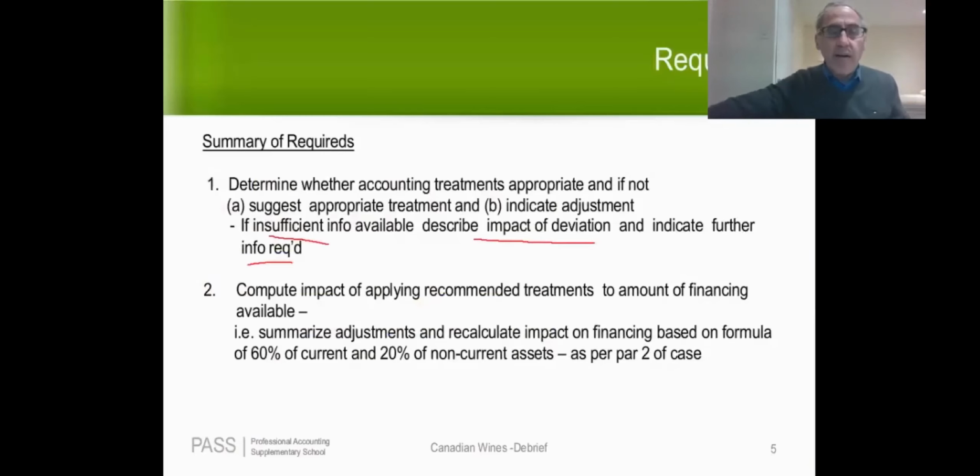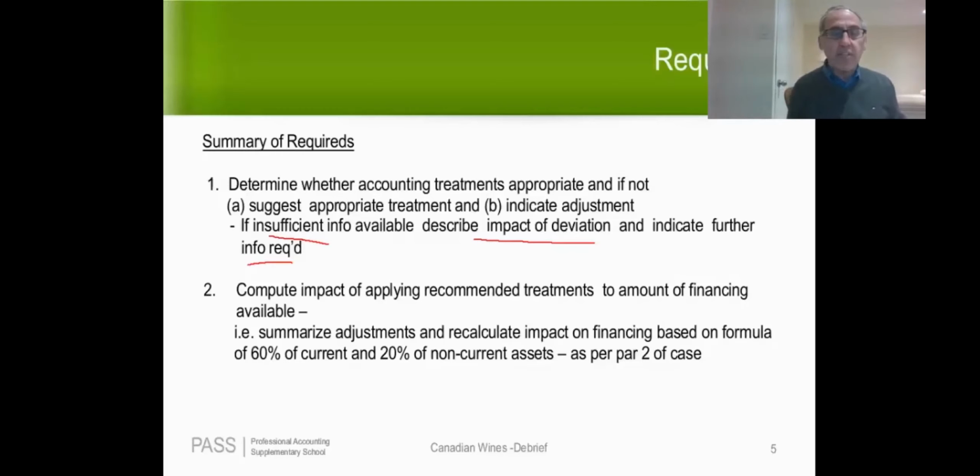A second required will be to compute the impact of applying recommended treatments on the amount of financing available. This is the sort of required that would not be unlikely to come up on a comp, for example. There have been comps where you have to first consider adjustments, then figure out how they impact the financial statements on an aggregate basis. Could be for a debt covenant, it could be for financing.